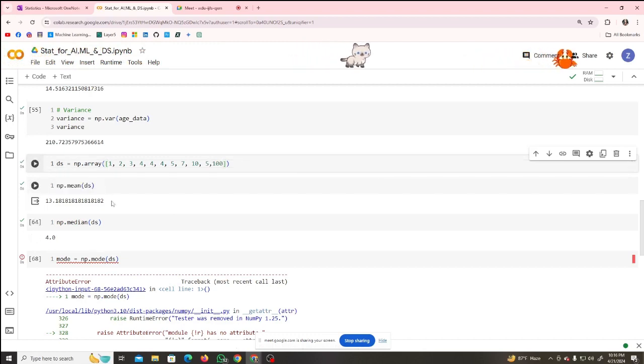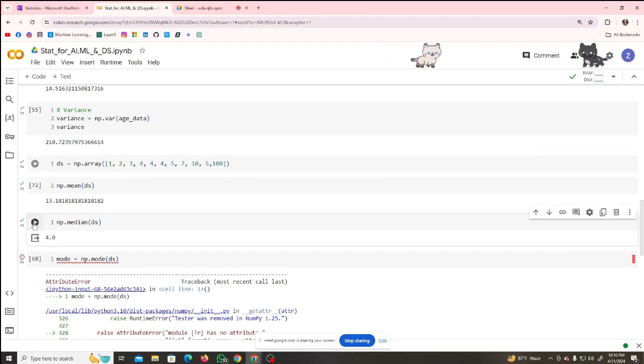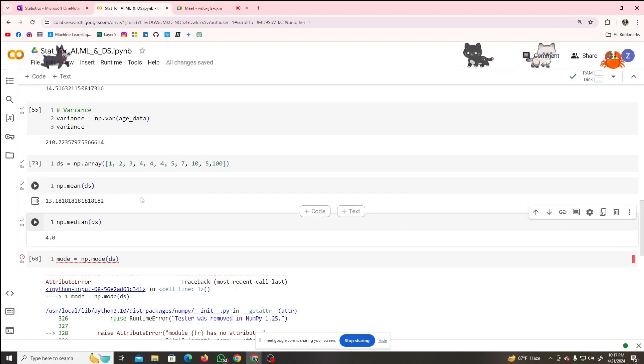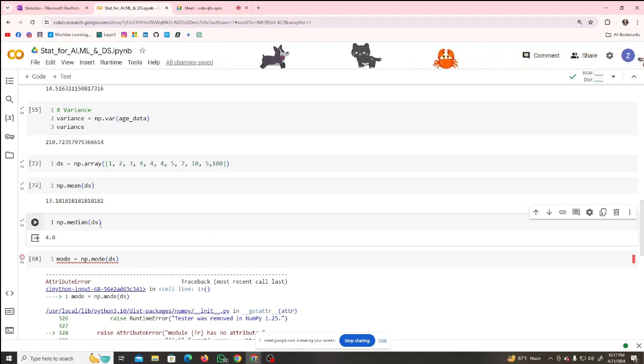And if we find the median of this data, it is 4, which is really around the mean value that we were getting before adding 100. So we can still get the central value using median, even if there are outliers. This is the specialty of median.